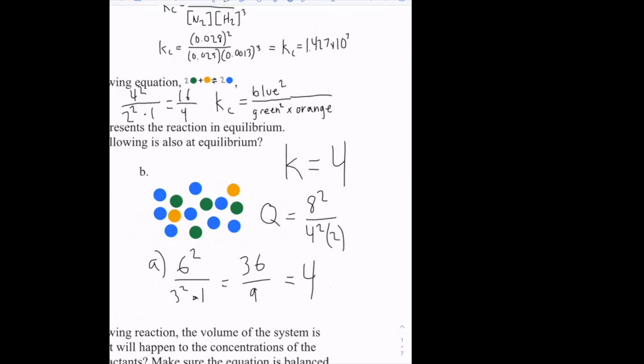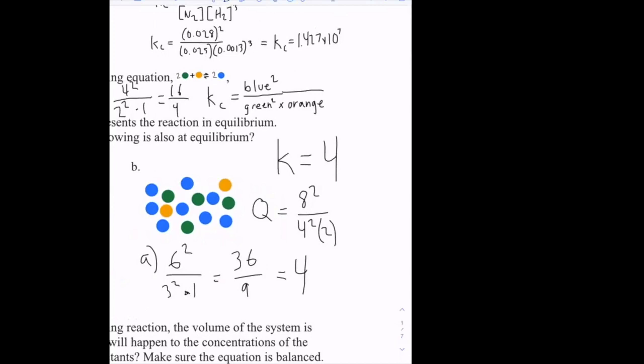So that ends up giving us 64 divided by 32, which actually ends up equaling 2. So B here is not at equilibrium because the Q value determined is equal to 2 and not 4.